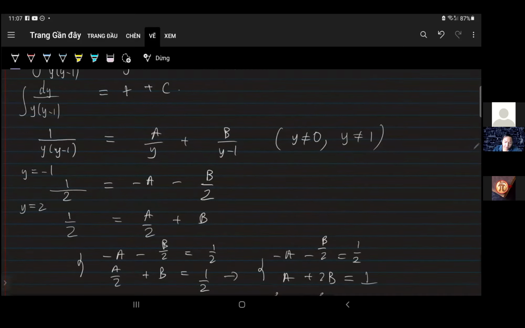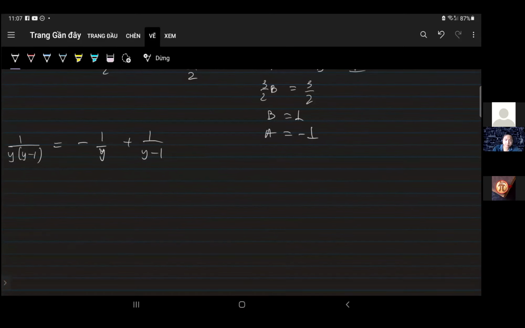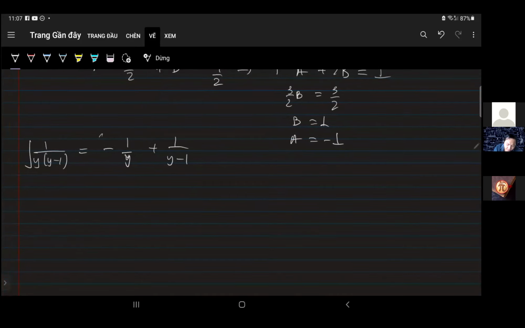Okay, so after doing this partial fraction, you should take the integral, right? So you take the integral of both sides like this, and dy over y minus 1 becomes negative log of y plus log of y minus 1.